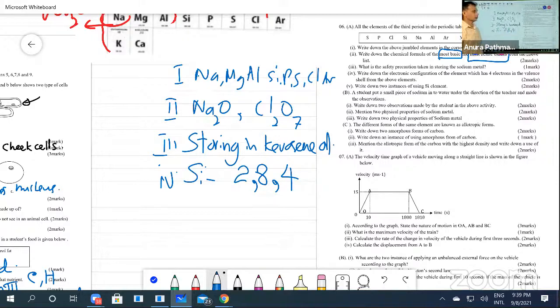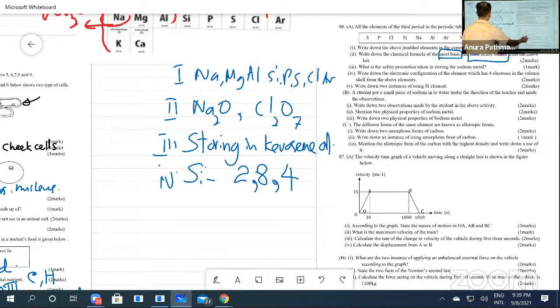Because this is in the third period, you have to write three energy levels. And as it is in the fourth group, you have to write the 4. Okay.